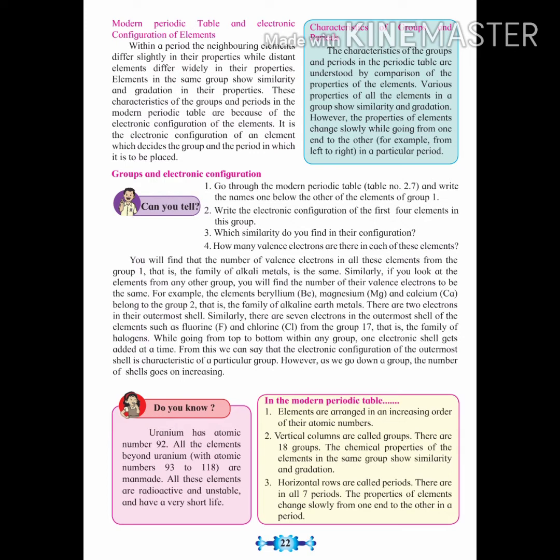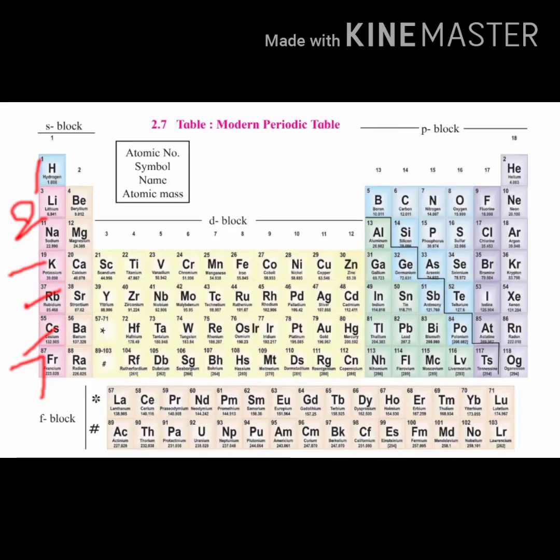So coming to this table, there are rows and periods. If you see, in the modern periodic table, there are 7 horizontal rows called periods, and there are 18 vertical columns. Those are named groups.